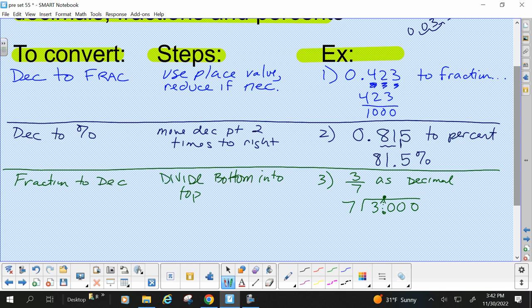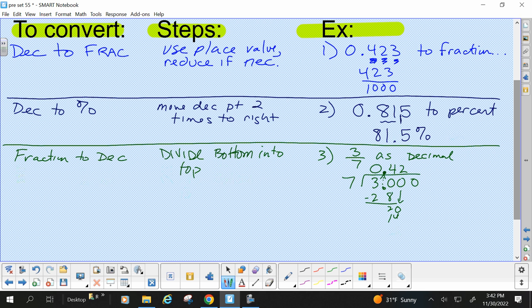And then I start dividing. 7 does not go into 3, but it does go into 30 4 times. If I multiply and then subtract, I get 7 into 20, which is 2 times. Subtract, 7 into 60, 8 times.